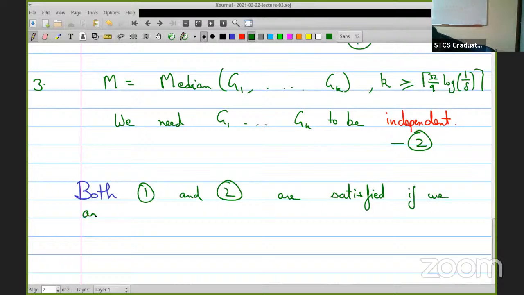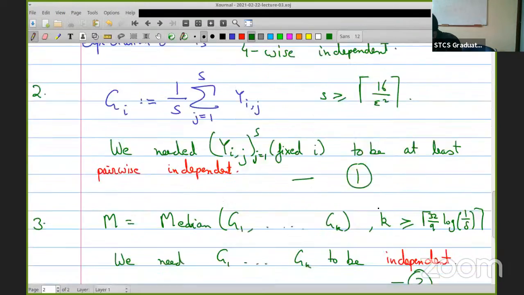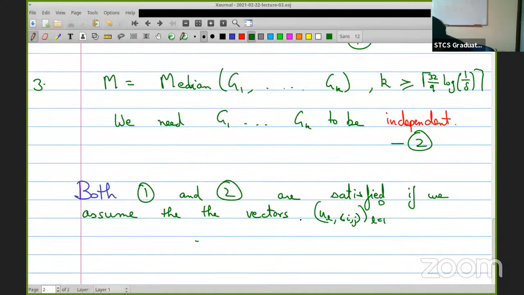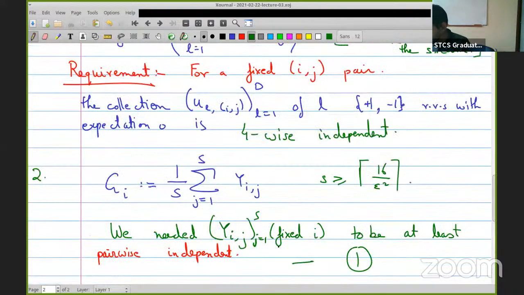If we assume that the vectors, as ij vary, are independent, then we have this vector of size d, where the random bits inside the vector are supposed to be fourwise independent, but the vectors themselves are fully independent.